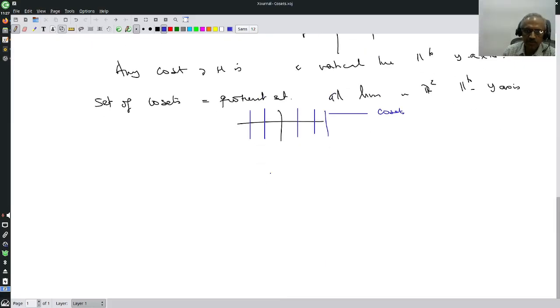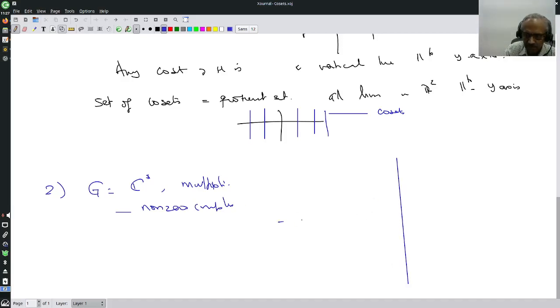Let us look at example 2. Now my group G is C star under multiplication. This is all non-zero complex numbers, so think of the plane with the origin removed.